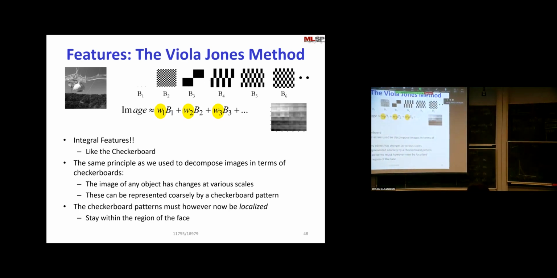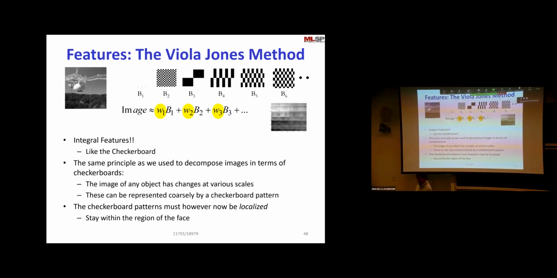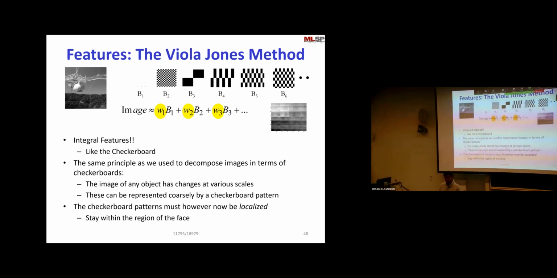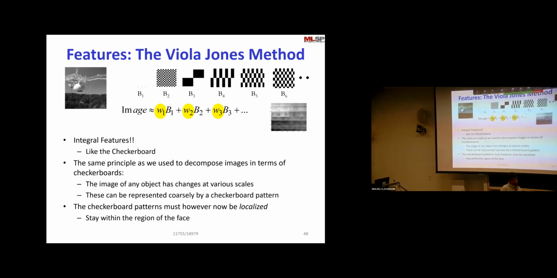And we saw how face bases were unable to explain a fishbowl, and this is the kind of behavior that we really want. So you want the basis representation to be specific to the class. At the same time, you want something like checkerboards, which are class agnostic, right? Is there a golden medium between the two?